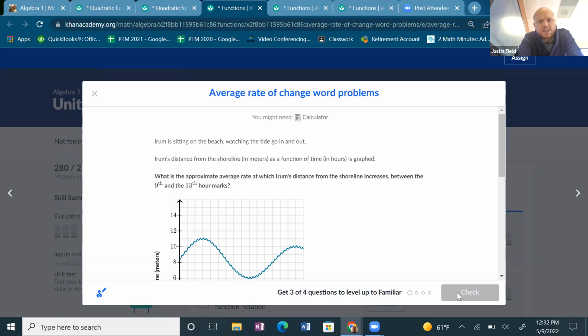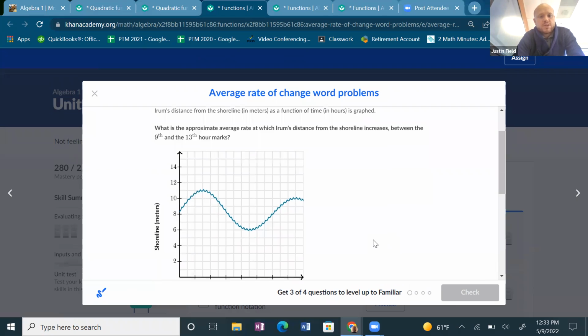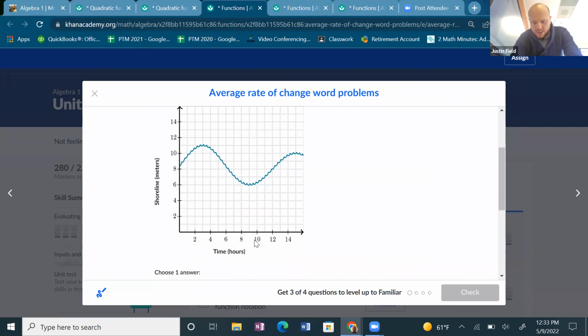What is the approximate average rate of change at which Uram's distance from the shoreline increases between the 9th and the 13th hour marks? Okay, well, this is going to be really easy now that I just did the average rate of change graphs. So they gave me 9 and 13.